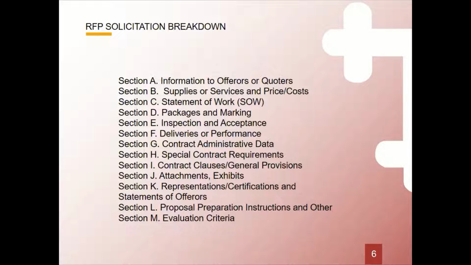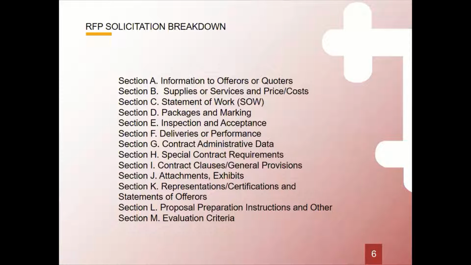When the government has those clauses in there, they may say this contract can be terminated for default, or it could be determined that the government no longer has a need for this contract, so it can be terminated for convenience. That is all listed in your Section I.